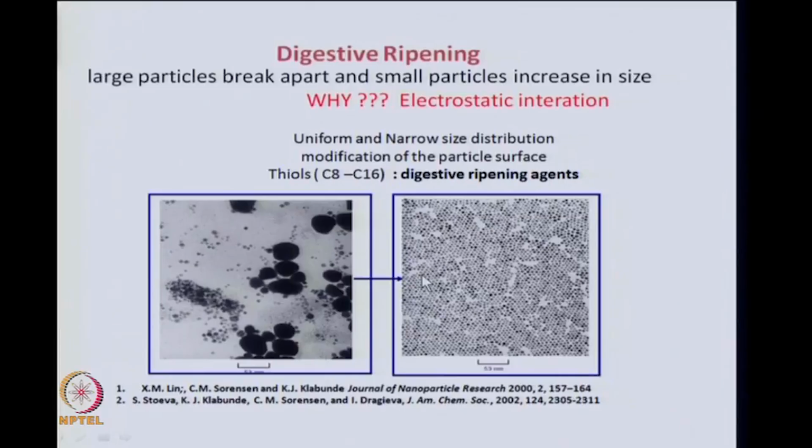This process is not thermodynamically driven, it is kinetically driven, and this process is helped by the presence of molecules like thiols, which act as digestive ripening agents. And this kind of work has been shown in the literature by Klabunde et al., and these are some of the publications where details of the digestive ripening process, the kinetically driven process, are explained in detail.